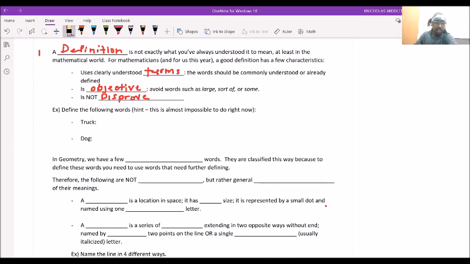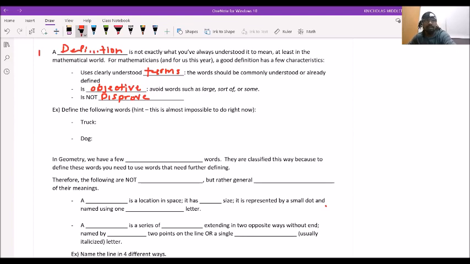A more difficult thing to do at this point in our mathematical lives is that I'm asking you to define a couple things. Here it says define a truck. This is just an example of how our thinking about definitions is a little bit different than what is acceptable in math. If I ask you what a truck is, you know what a truck is. Somebody might say, well, it has four wheels and it drives.